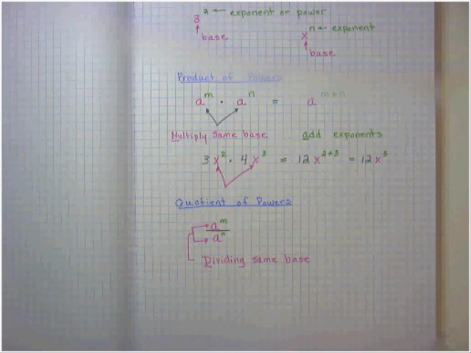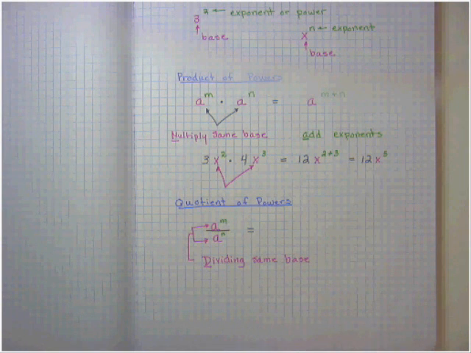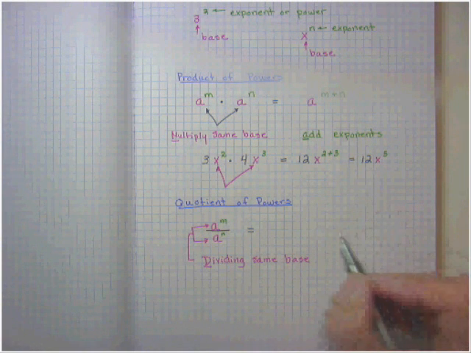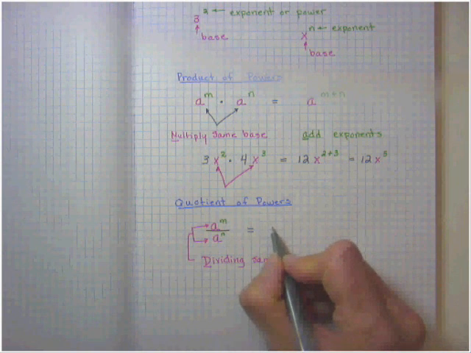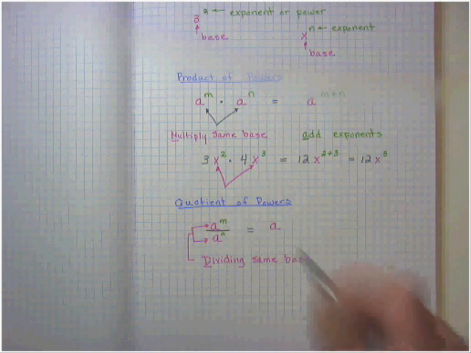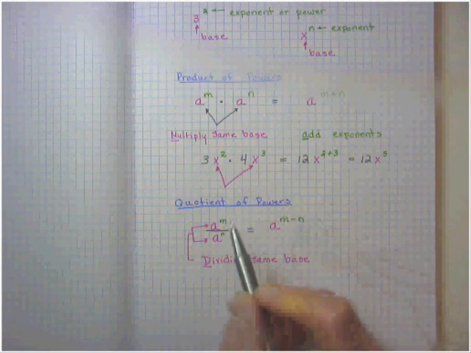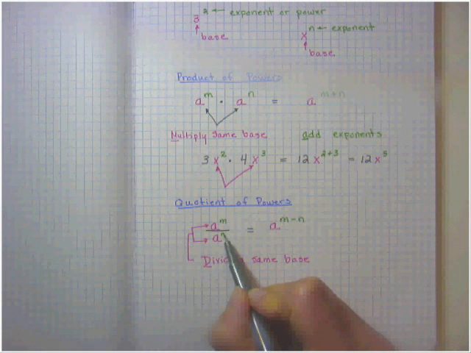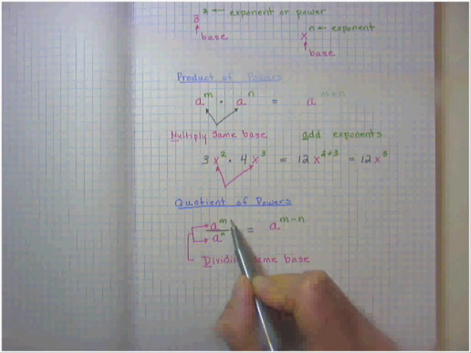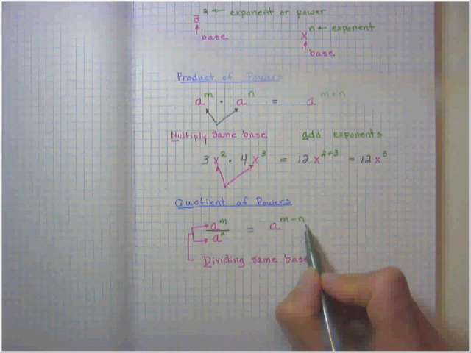So what are we going to do? Well, when we divide the same base, that means that we're going to subtract our exponents. So there's two different ways that we can do that. There's my base, so I could have m minus n. Notice I took this n from the denominator and I'm subtracting it from the m in the numerator.